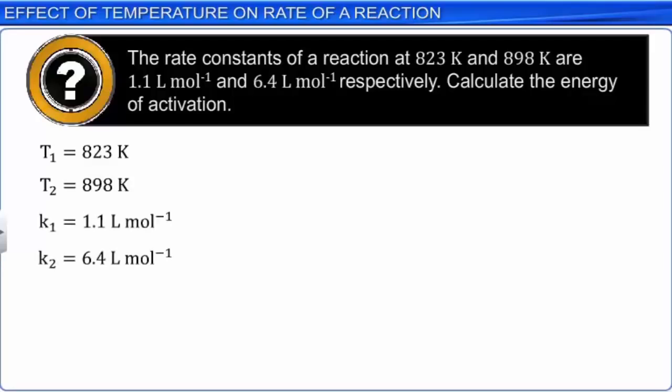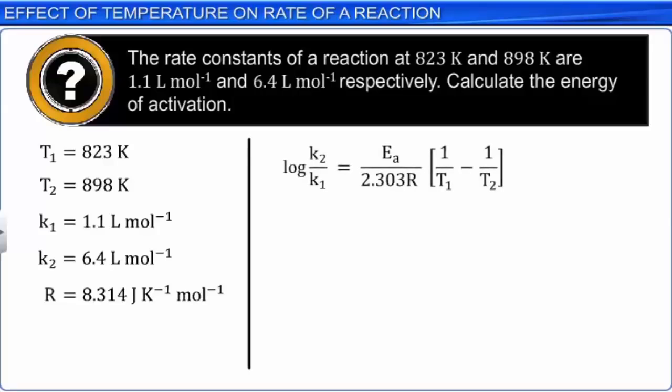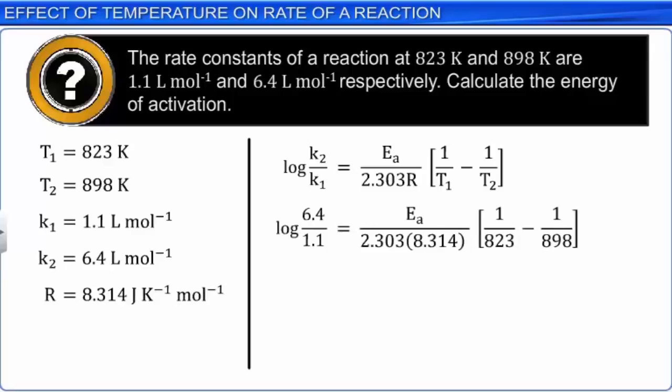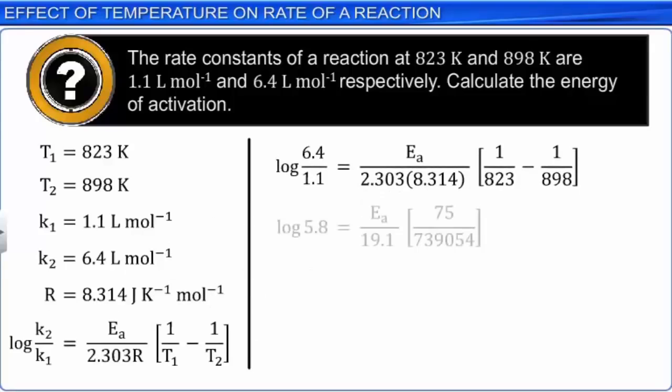The second step involves writing the Arrhenius equation at two different temperatures as shown. The third step involves substituting all the given values in the equation. On substituting and solving, we get EA is equal to 1.4 multiplied by 10 to the power 5 joules per mole.